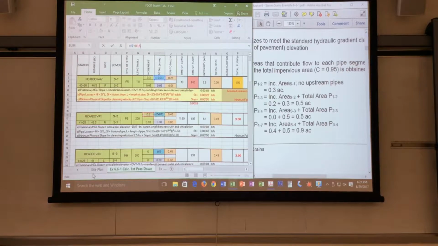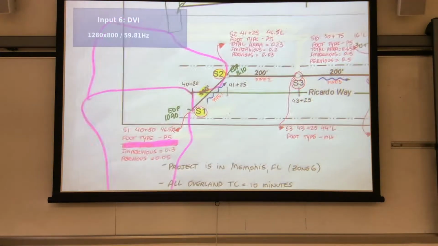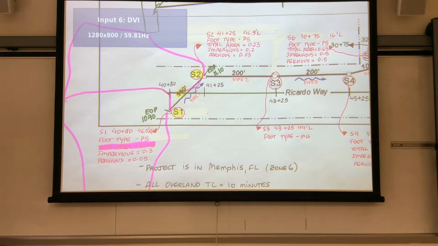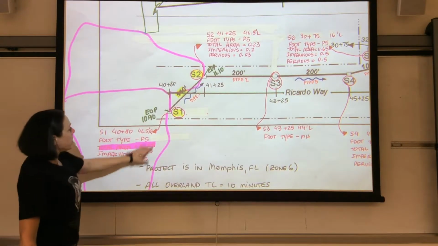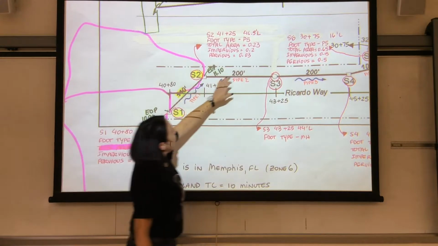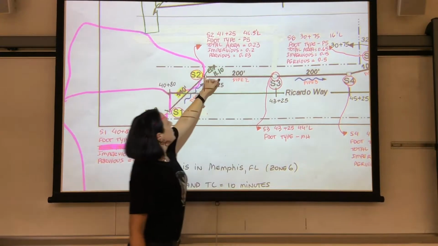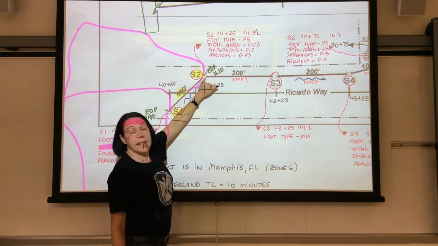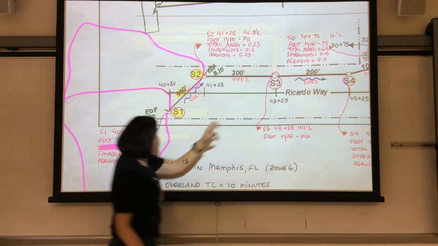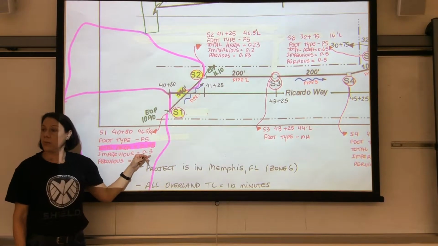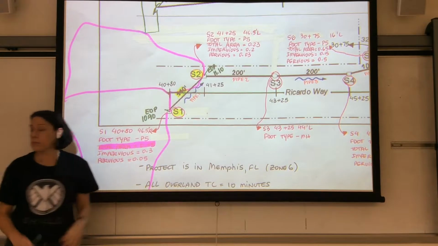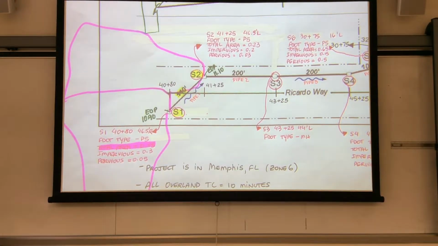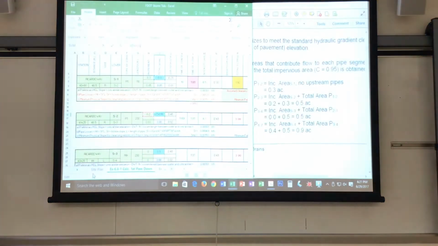If you look at the sketch, the impervious area is 0.3 to that inlet, and it's 0.2 to this inlet. So the total impervious going to that inlet is the 0.2 and the previous reach of 0.3, okay? So that's how you're going to do each one of those.